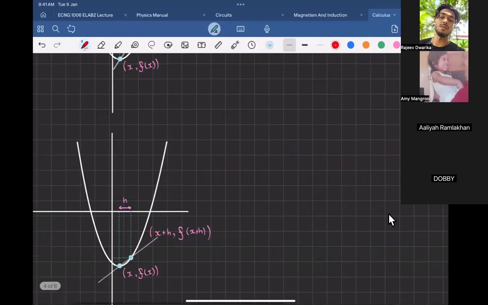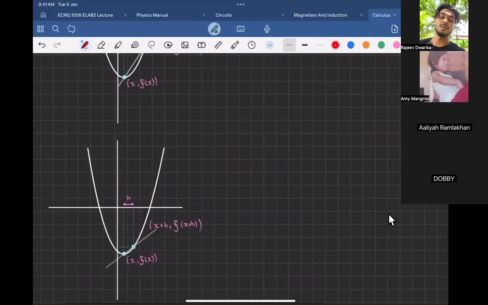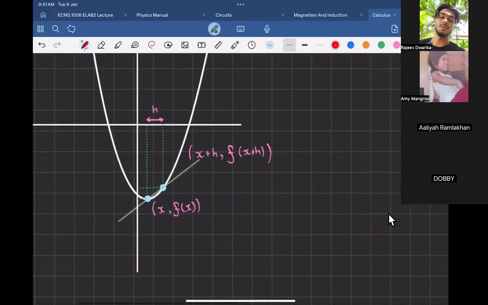So yeah, Aliyah, this over here is much more accurate. So what are we trying to do then? We're trying to take this point and overlap it with this point.